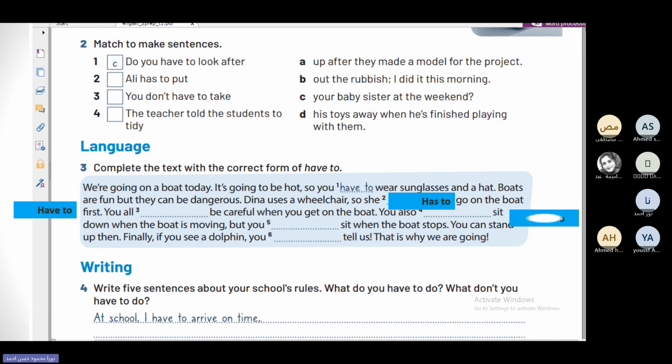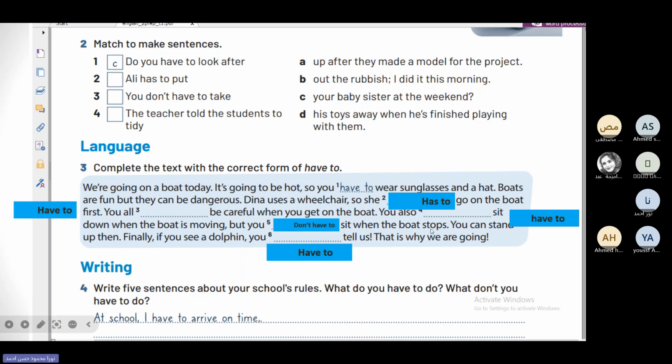You also have to sit down when the boat is moving, but you don't have to sit when the boat stops. You can stand up then. Finally, if you see a dolphin, of course, you have to tell us.